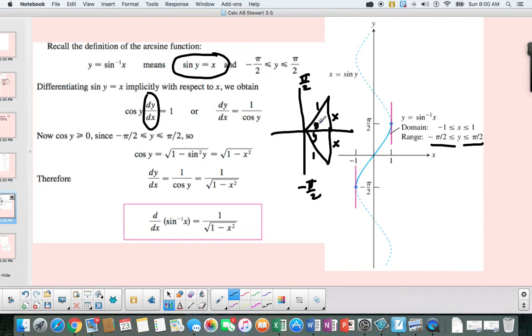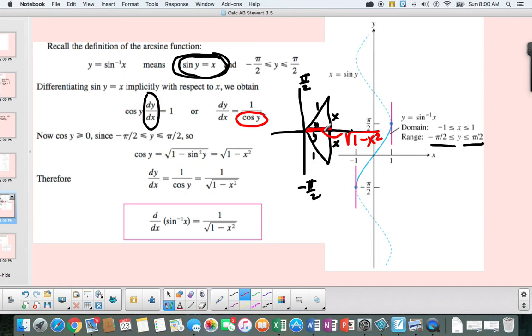So here's our picture. Here's y, here's the angle. And remember, over here, we were told that the sine of y is equal to x. The sine of y is equal to opposite over hypotenuse. So that's how I got the picture, I used that. Now the question is, what's this length right here? Well, we're going to use the Pythagorean theorem, and this will be root 1 minus x squared. This is what I need to be able to find the cosine of y.